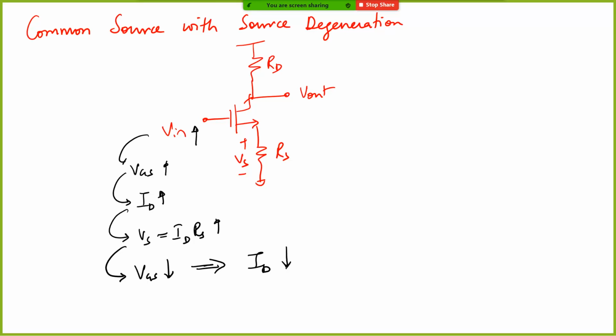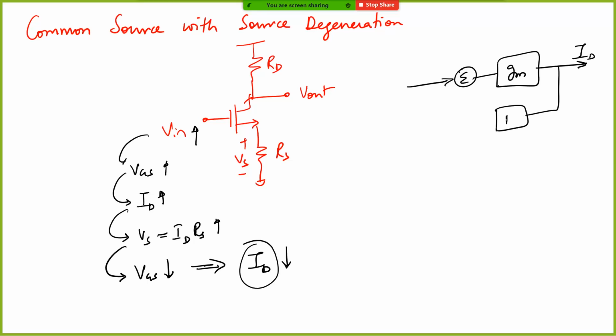You can put this as a feedback factor, and then you can look at the closed loop response. Basically, if you look at only the current, you have a certain action coming in, you have a GM which is producing a certain ID, and you have RS as the feedback factor, RS times ID bringing it back.